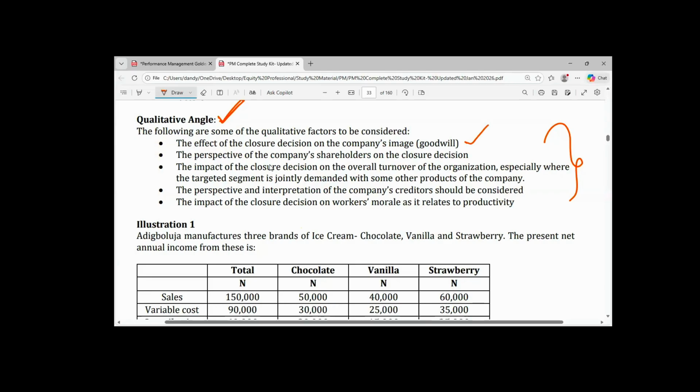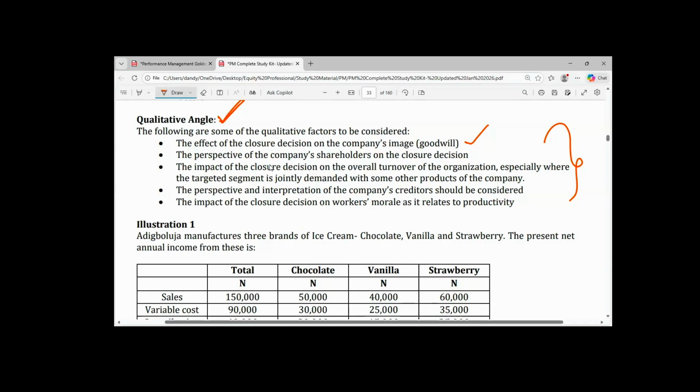Then number two, what is the perspective of the company shareholders on the closure decision? It may well be that it's one of the shareholders that introduced the product that you want to delete. If you decide to delete the product without notifying the shareholders, it may bring about bad blood among the management team.